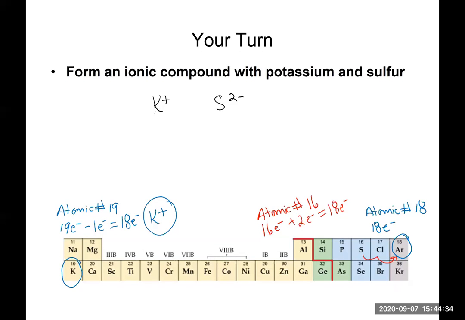In order to get charge neutrality, we have 2 negative charges, so we need to have 2 positive charges. We write the metal first by convention, and so that is going to be K2, and then the nonmetal is written last. K2S is potassium sulfide.